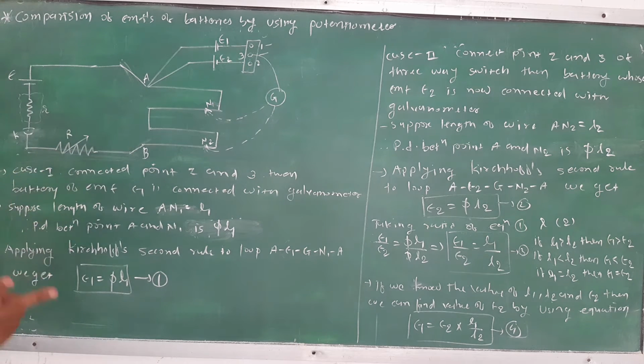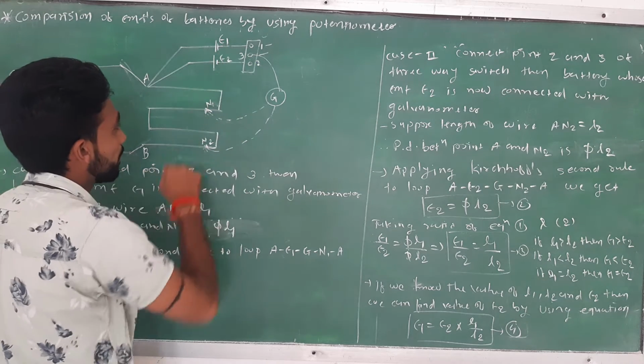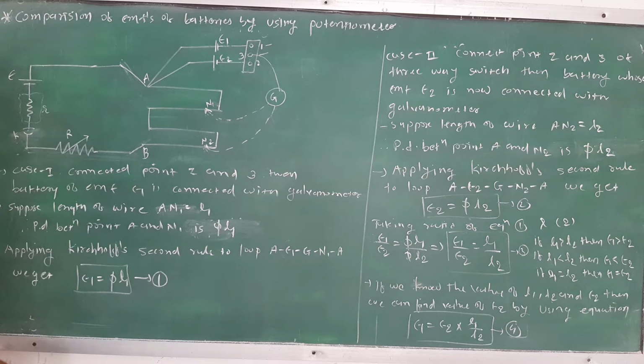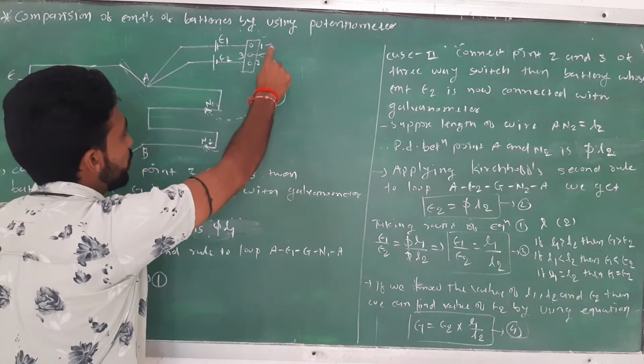So we take two cases. First we connect this battery, and then we connect epsilon with the second battery. In the first case, suppose we join points 1 and 3.